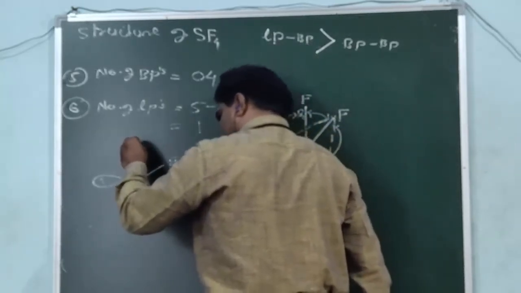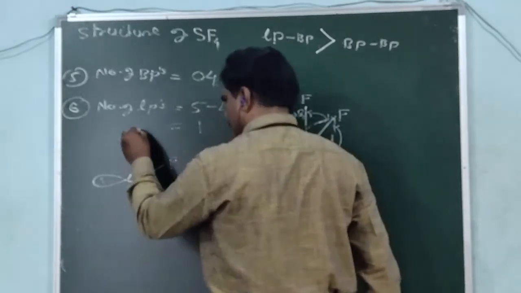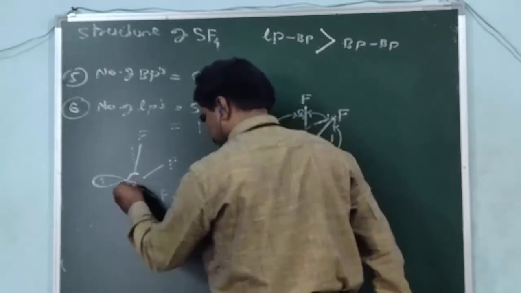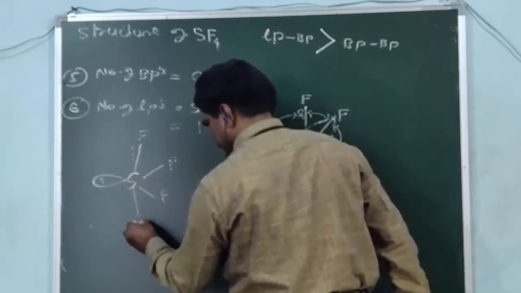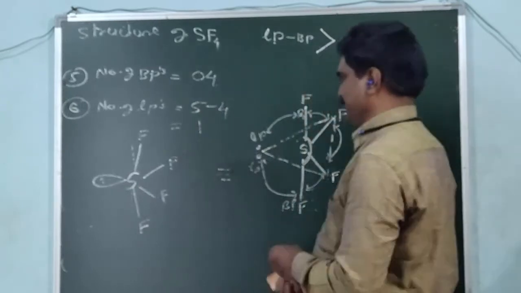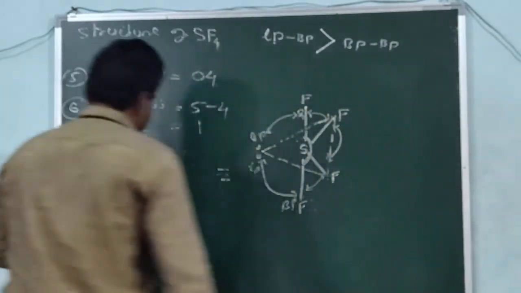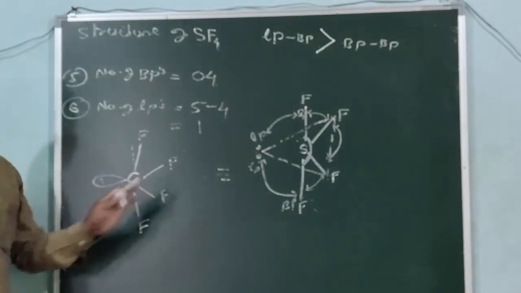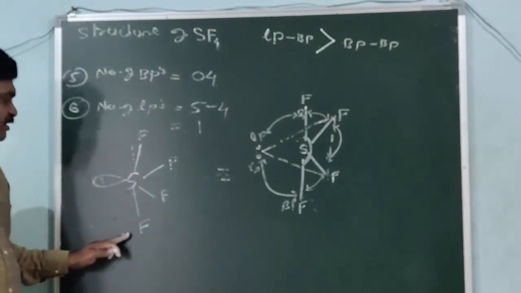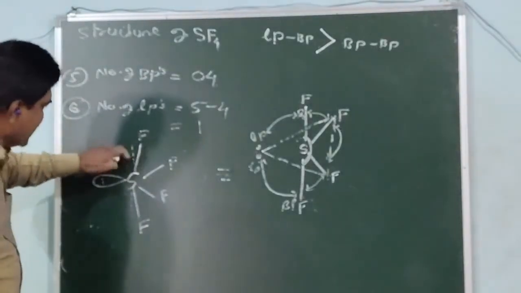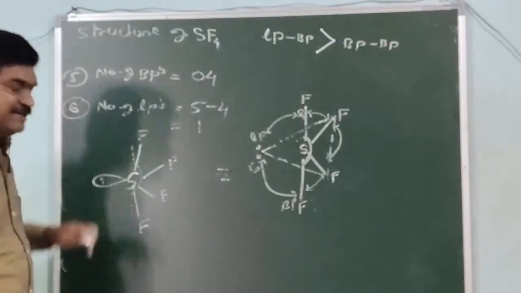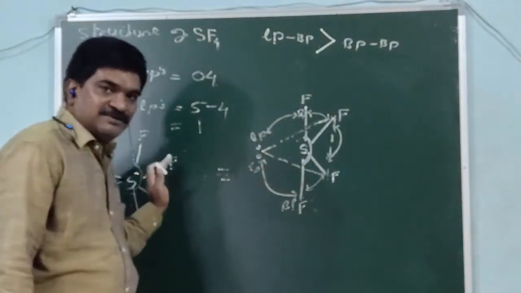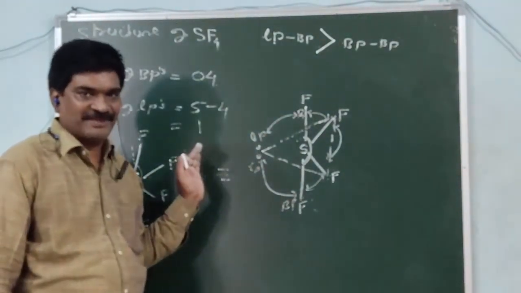Now the axial fluorine slightly gets tilted in this direction. So we can say that the shape is a sort of distorted trigonal bipyramidal. Now this angle, you see, gets reduced from 180 to something less. Okay.